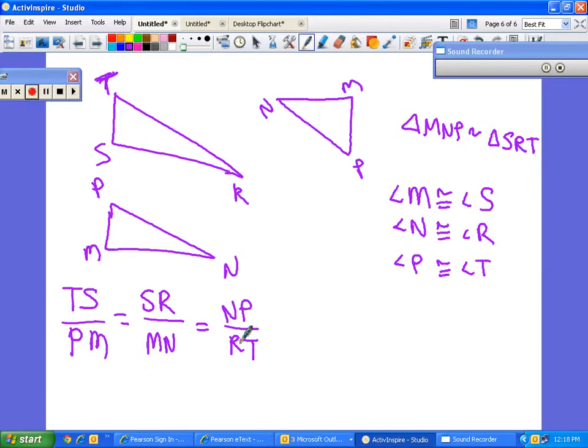We know MN is going to correspond to SR. We know that NP corresponds with RT, and that PM corresponds with TS. So those are the two different ways that you can determine what's similar, what's congruent, and what's proportional.